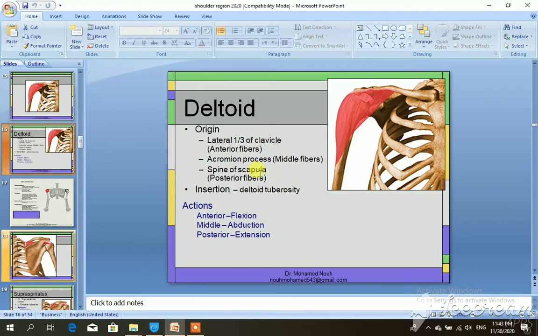So I have anterior fibers, medial fibers, and posterior fibers. All of them together insert in the deltoid tuberosity here in the humerus. Action: anterior fibers, flexion of the shoulder joint, medial fibers abduction, and posterior fibers extension.